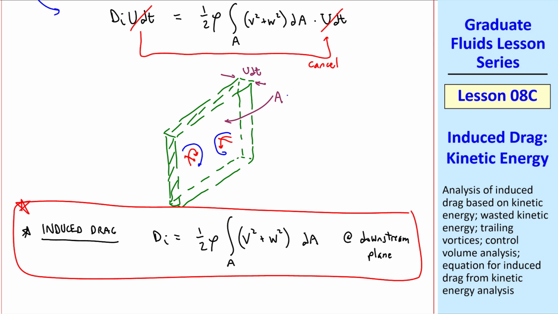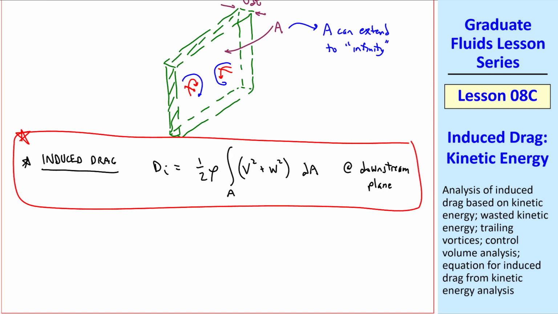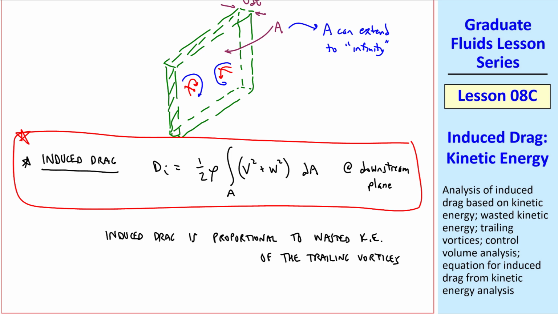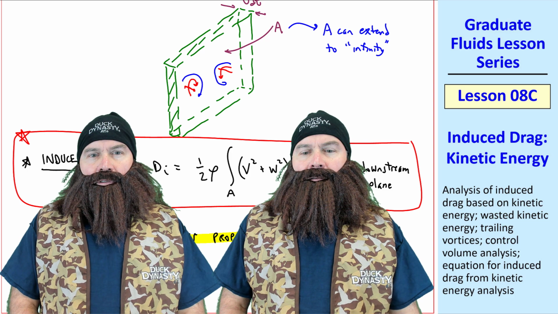I comment here that in order to get all the kinetic energy, area A can extend to infinity, and you'd have to integrate this term for all the v and w components of velocity in area A. In practice, since the speed dies out with radius, you don't have to go to infinity. So we conclude induced drag is directly proportional to the wasted kinetic energy of the trailing vortices. This is what we said qualitatively as well.